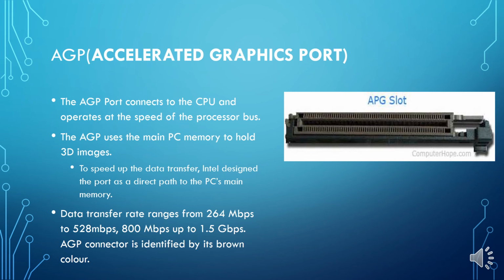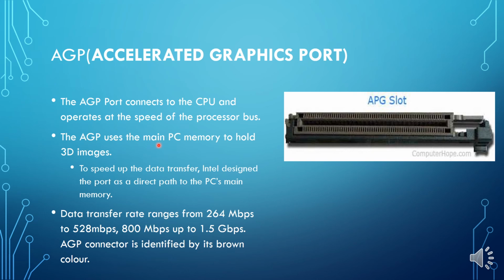Next is AGP. AGP's full form is Accelerated Graphics Port. AGP port connects to the CPU and operates at the speed of the processor bus. Means whatever the speed of the processor bus, the same speed will be of the AGP port.